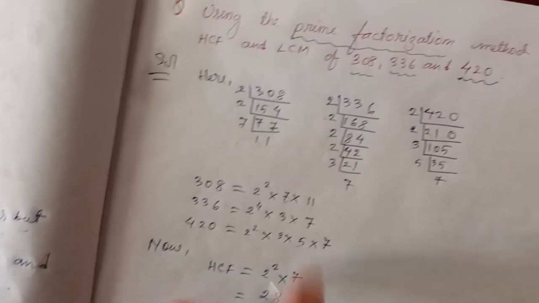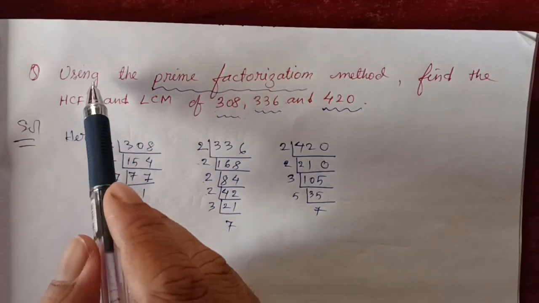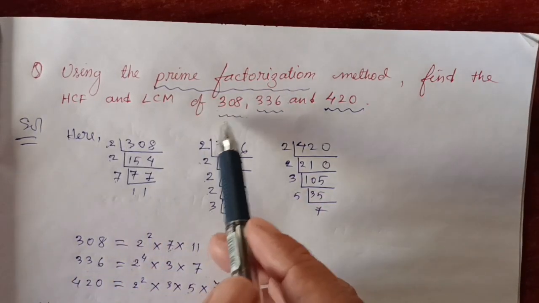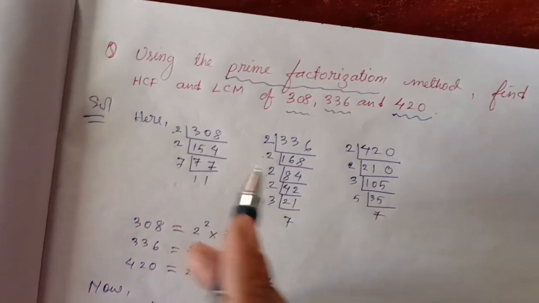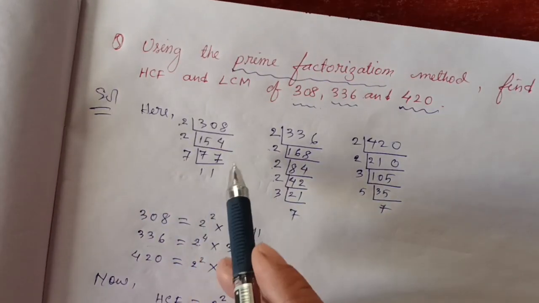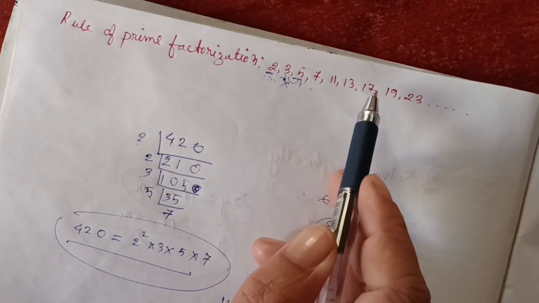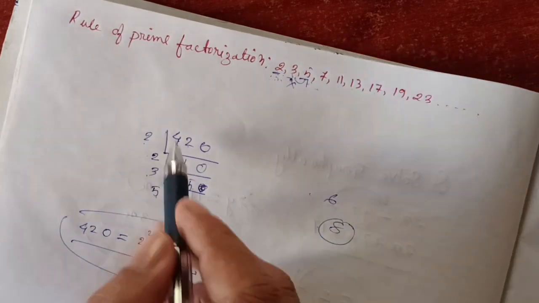So let me repeat. If you want to calculate such type of question using the prime factorization method, find the HCF and LCM of any numbers. But first, when you want to do the prime factorization method, keep in mind these primes: 2, 3, 5, 7, 11, 13, 17, 19, 23.